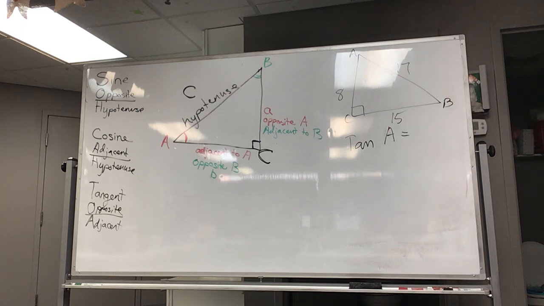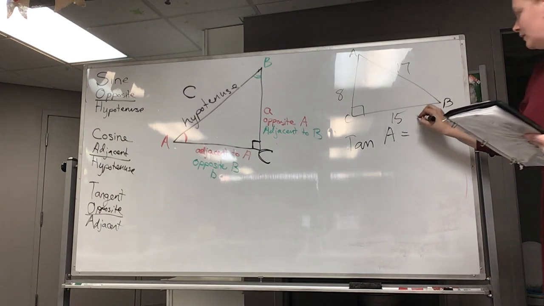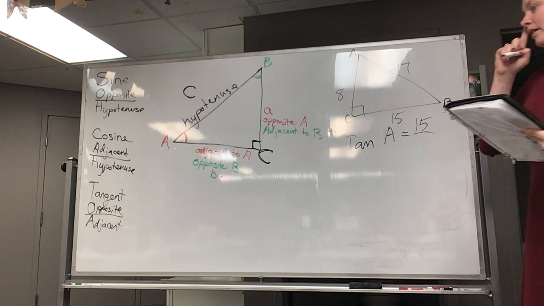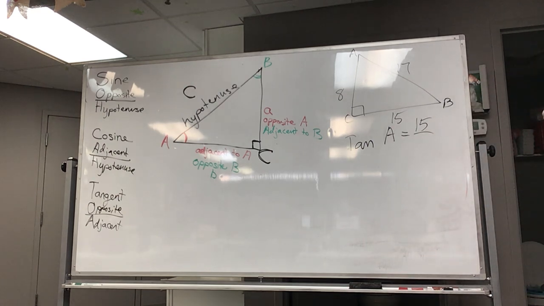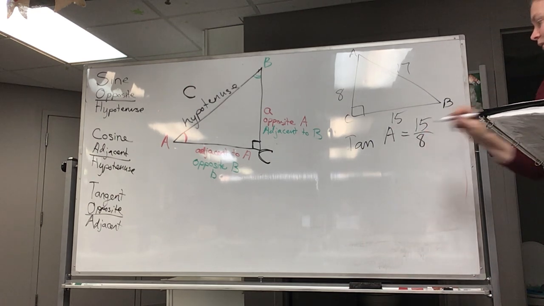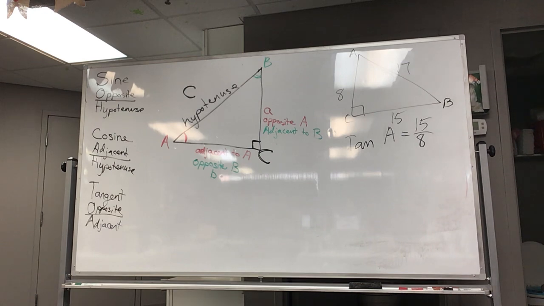Tangent is opposite over adjacent. What is opposite our angle A? 15. And our adjacent is 8. So again, we have a tangent that is bigger than 1. With tangent, it's a 50-50 shot. Half the time it'll be greater than 1, half the time it'll be less than 1. It just depends on which side gets to be on top.